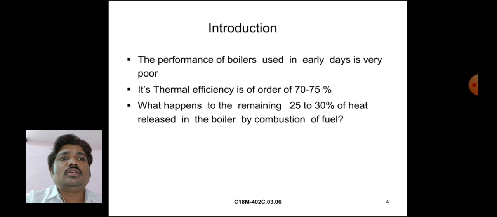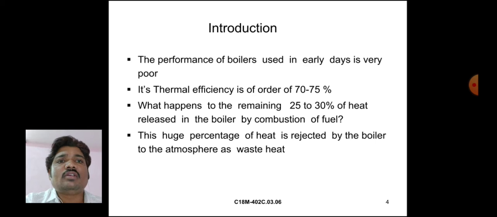What happens to the remaining 25 to 30% of heat released in the boiler by combustion of fuels? This huge percentage of heat is rejected by the boiler to the atmosphere as waste heat.